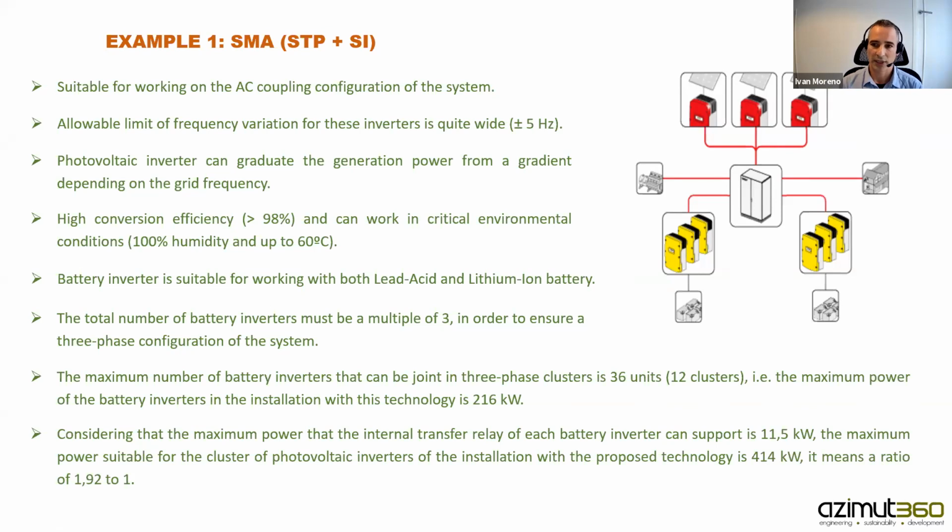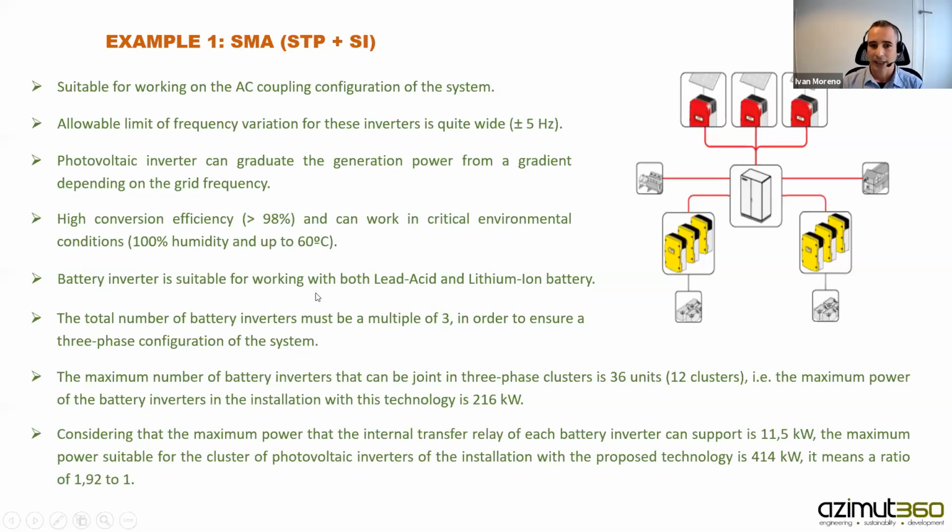It is important to have the chance to use lithium batteries, because in the future, all the systems that have lead acid batteries may be moved to lithium technology, in case we have to replace the battery. So this is an important point.